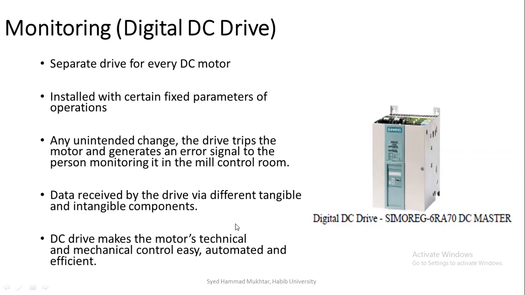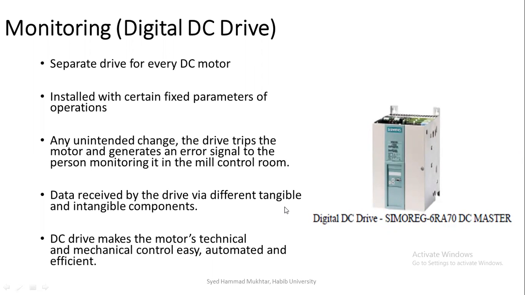So data is received by the drive via different tangible and intangible components. For example, in order to monitor the motor's RPM, the drive requires an encoder to provide this data, and similarly a tachometer to provide measurement of speed when the motor will be operated above base speed or any set reference speed.